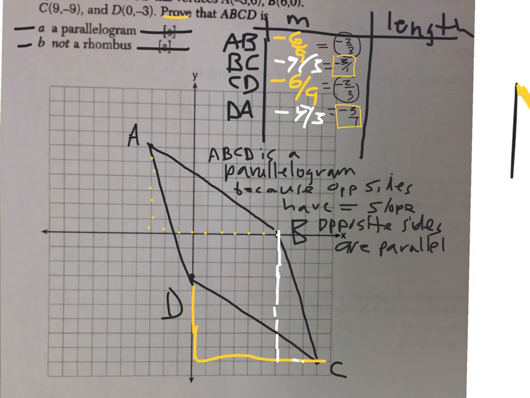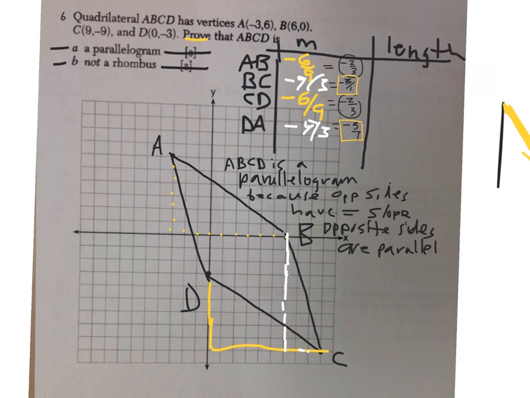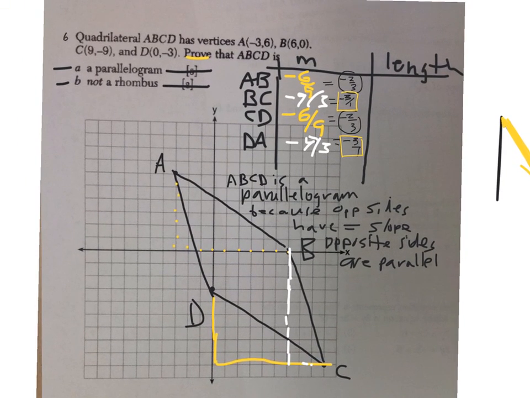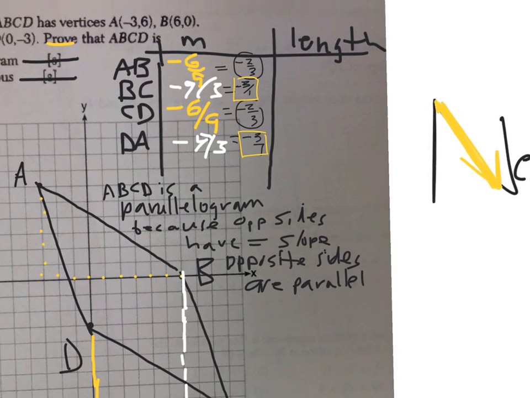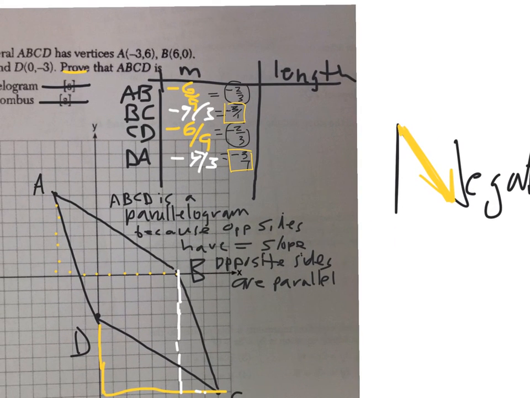The last part of the question says to prove that it's not a rhombus. To prove that, I'm going to have to prove that the sides do not have the same length. To do that, I'm going to need to use the Pythagorean Theorem, the distance formula, or this very slick formula trick that I used on the first page.